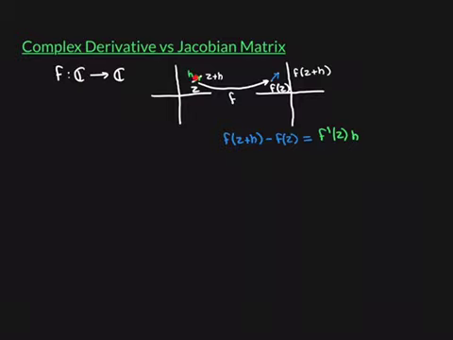So if we imagine that h is an incremental complex number, an infinitesimal complex number, then we can imagine that this relationship truly is true, and that is our intuitive understanding of the derivative, that it is how much you have to multiply any change that you make in the domain by to get the change that you produce in the codomain under the function. That's the intuitive understanding that you should have of the derivative in this higher level maths, where you can't view it as being a gradient.